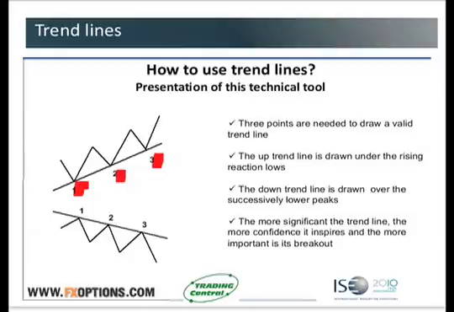So, on this slide, when you have 3 points, 3 impacts, you can say that you have a bullish trend line.